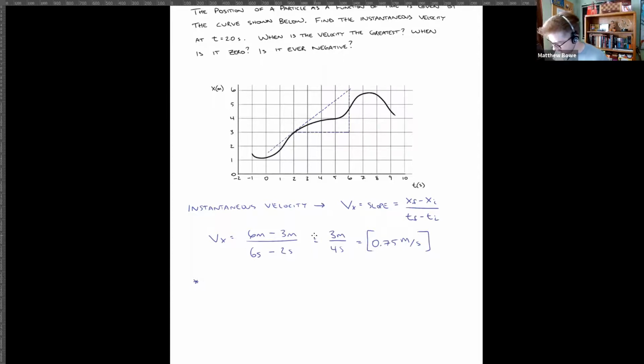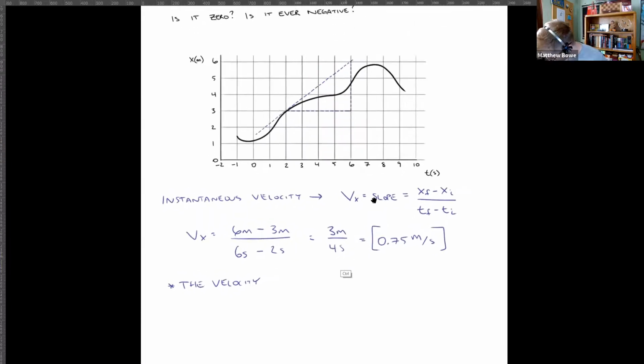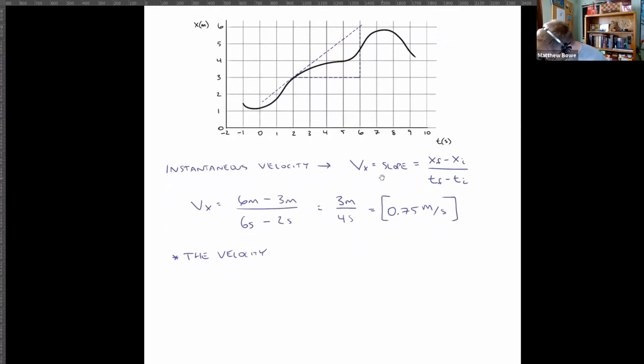I'll say the velocity is greatest where the slope is the steepest. I'm going to zoom in a bit so I can actually write clearly.